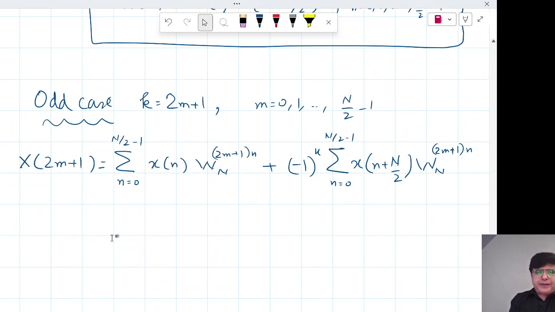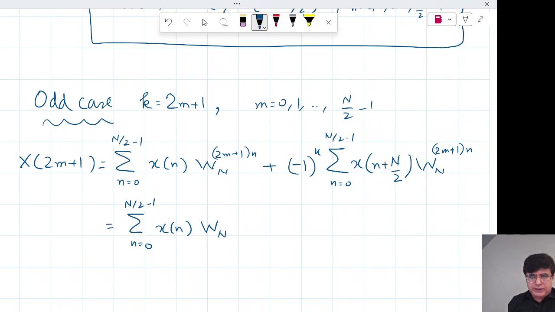So now, again, it's just simplification, right? So this is just n goes from 0 till N/2 minus 1. Then you have x of n, then you have w subscript N to the power n, and then you also have w subscript N to the power 2mn. You just broke this thing up.